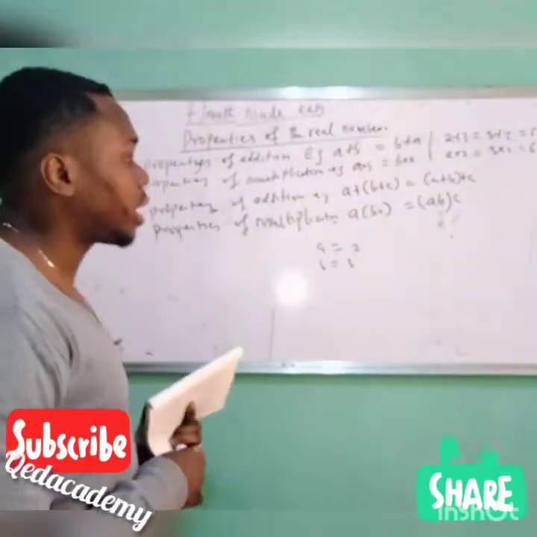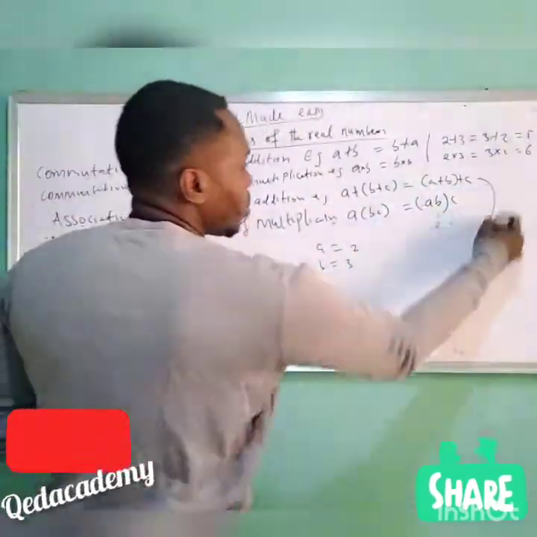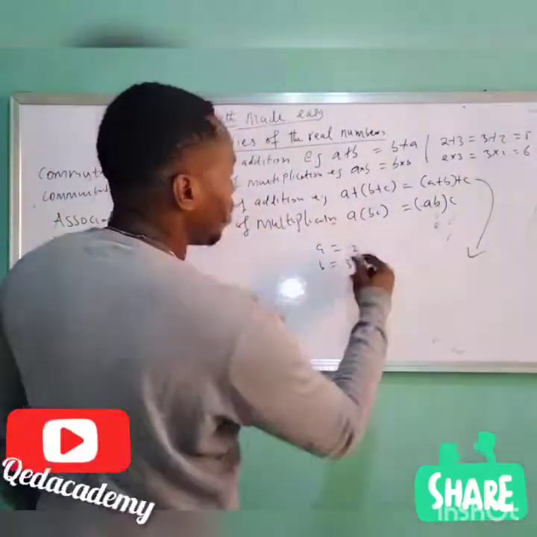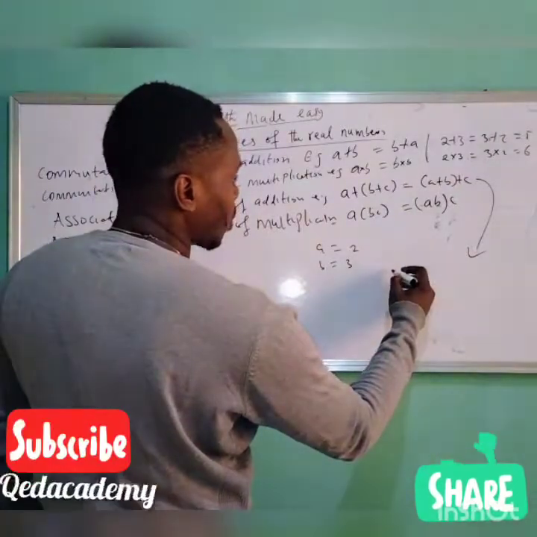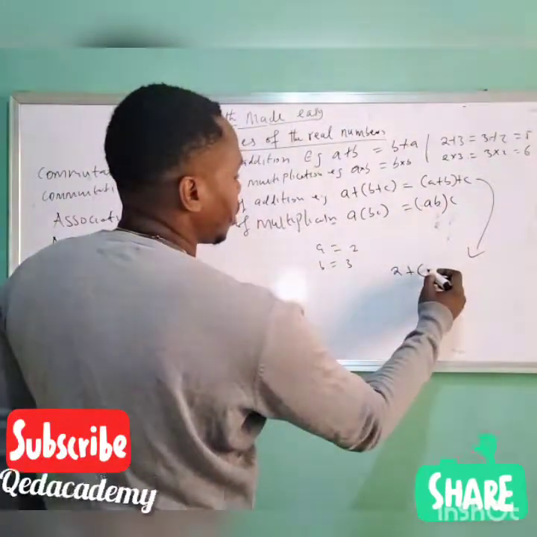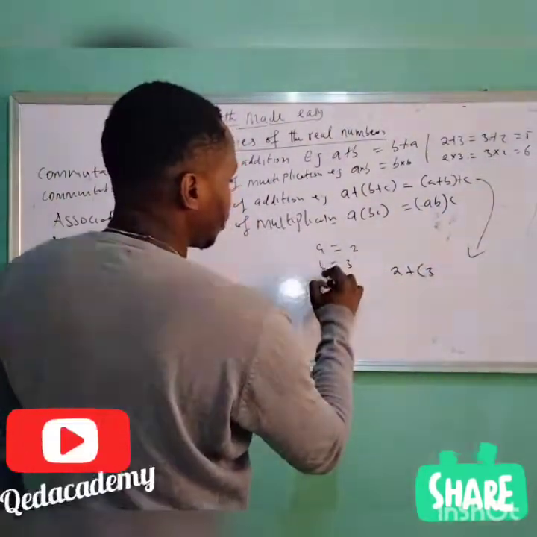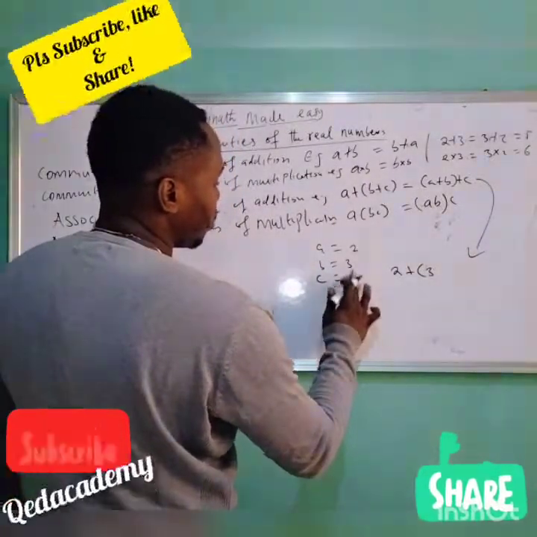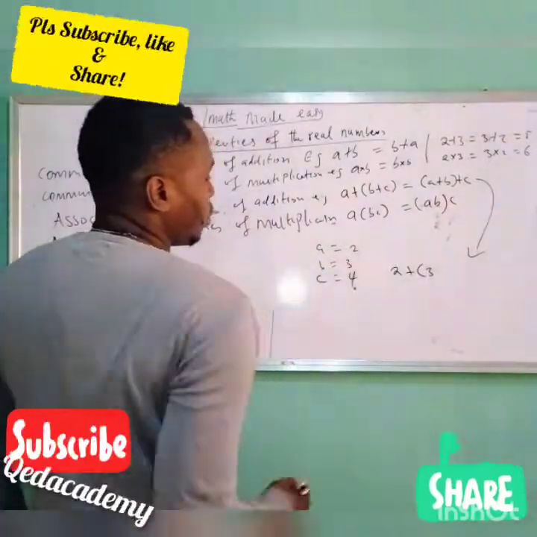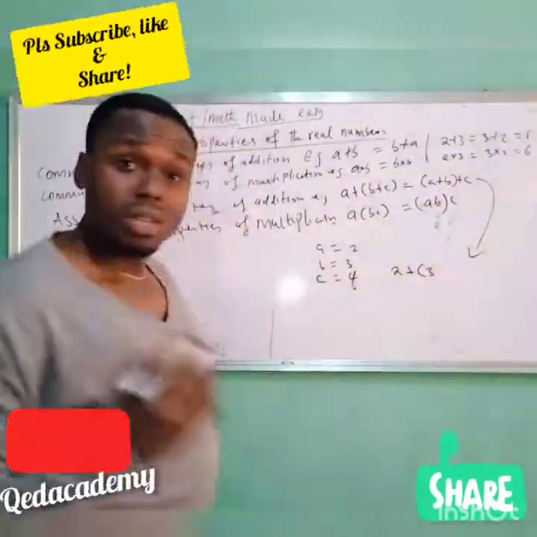So let's quickly run that out here. Taking this example, a is 2, so that would be 2 plus 3. Also c, let's say c is 4. It can be any value anyway, you should get the same answer.